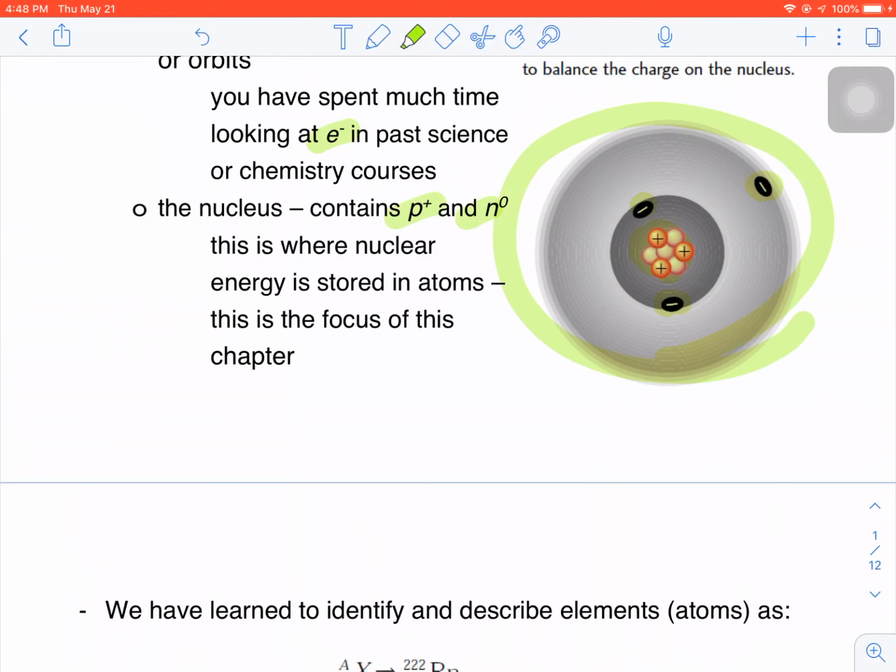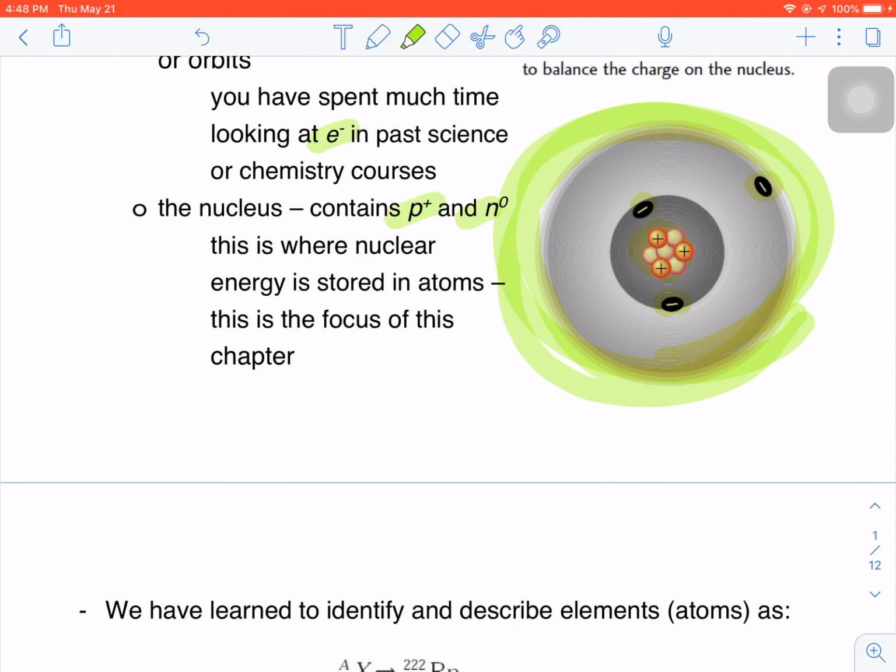The nucleus is a speck. If this was the size of the atom that we're seeing with its 3 electrons, the nucleus would be invisible. It would be so small in the middle of that picture that you wouldn't be able to see it. So all that positive charge would be crammed up inside that little positive space, the nucleus.